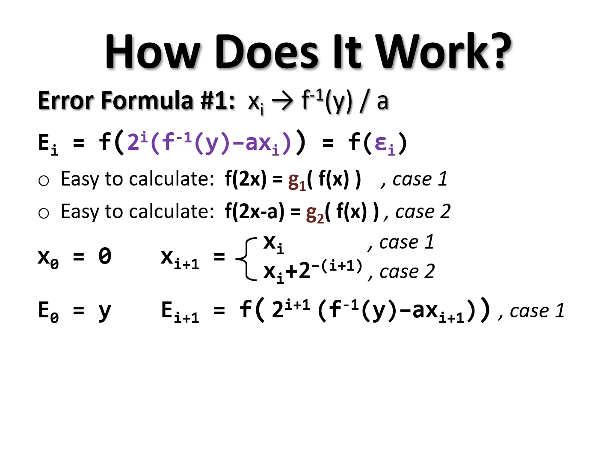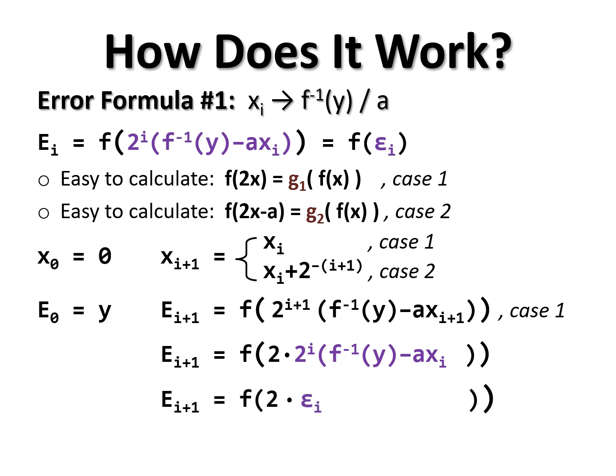Now let's figure out the error value for case 1. Here x doesn't change, so we replace x sub i plus 1 with x sub i. And there's our purple epsilon, which we never compute. But that f of 2 times epsilon is g1 of f of epsilon, which is g1 of e, and that's a good simplification.